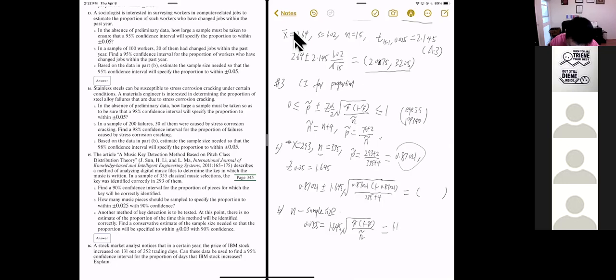So 1.645. We can get N, which is around 486.